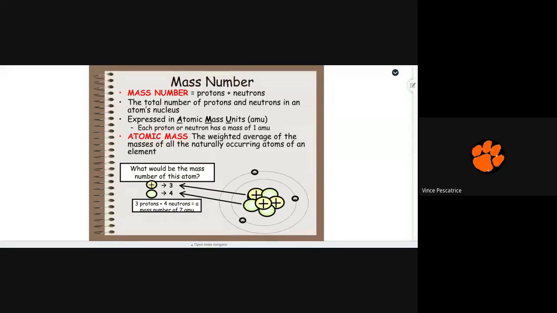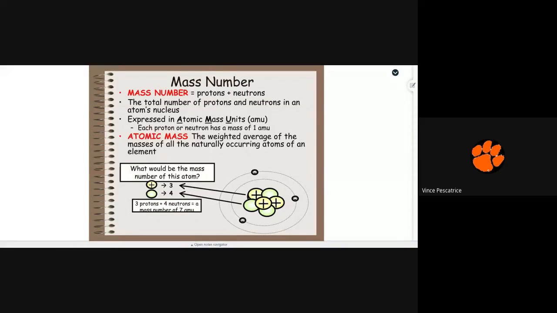Now, the atomic mass is slightly different. We're not going to talk about atomic mass much, but sometimes I accidentally interchange mass number and atomic mass. I just want you to know that they're approximately the same thing, but the atomic mass is the average mass of all naturally occurring versions of that atom.